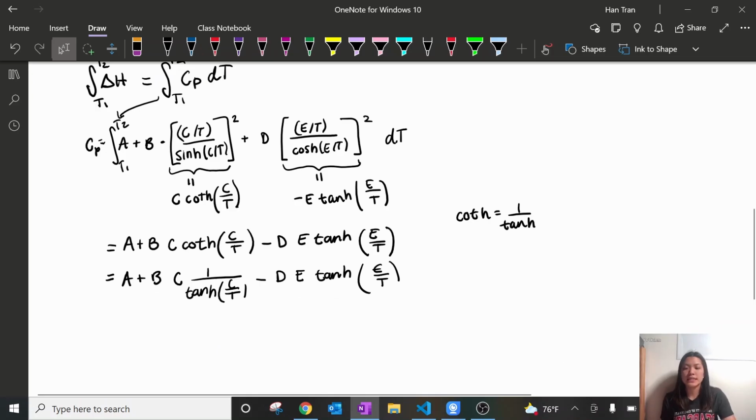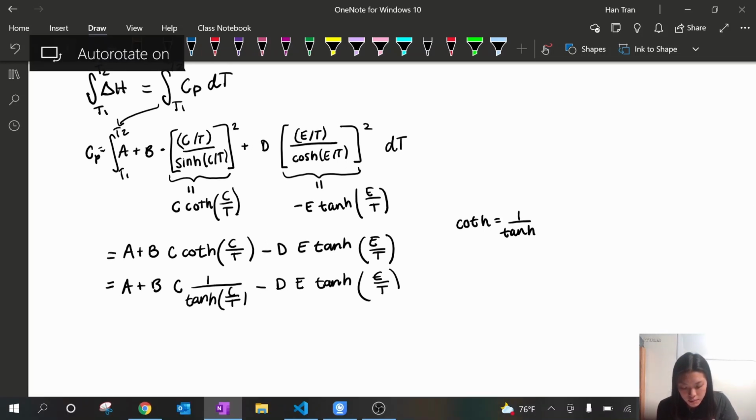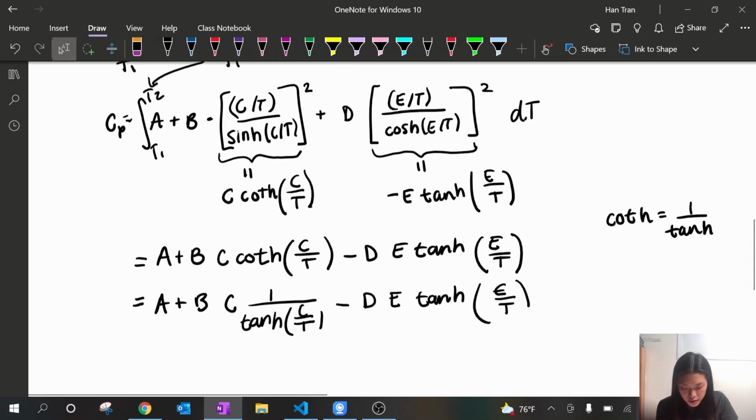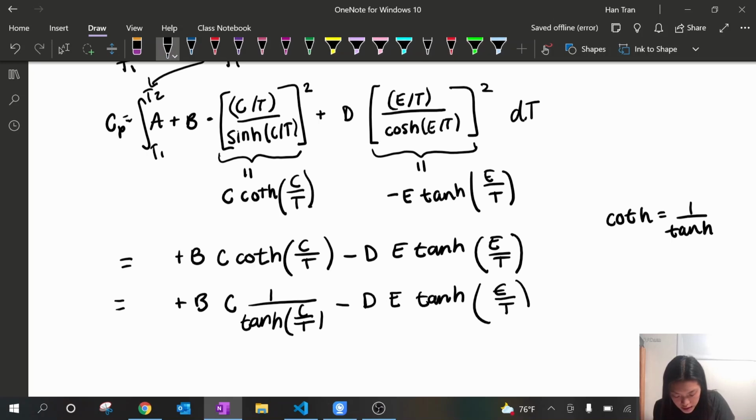So going back, we can see that there's another error that's been made. If we look at this integral here, we found the integral of the second and third terms, but we did not integrate the first term. So if we were to integrate the A with respect to T, the integral of A with respect to temperature is A multiplied by temperature.